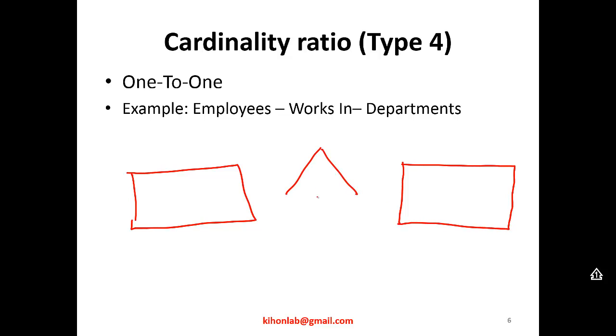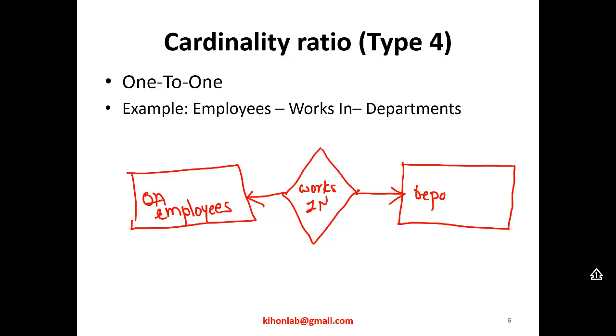And the last type is one to one. Here the relationship is works in, and you can observe the arrows. Employee works in department. So you can observe here one to one.